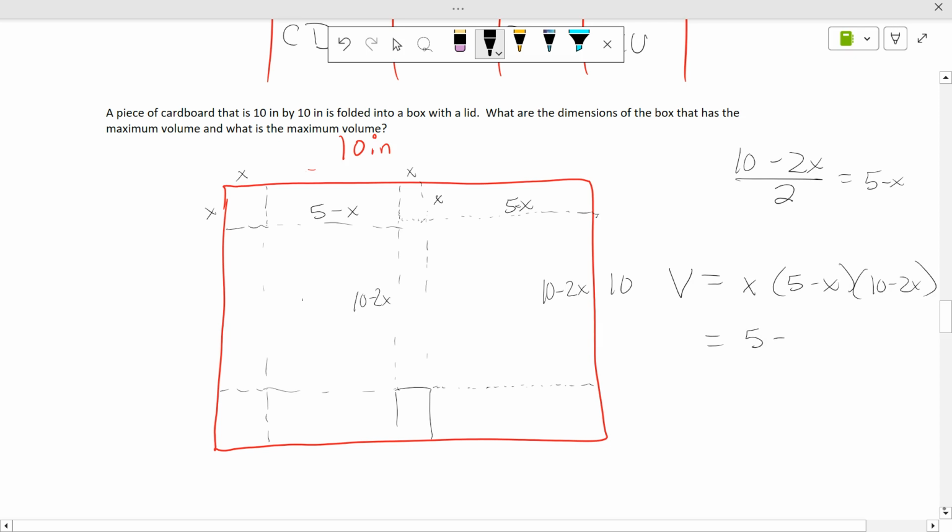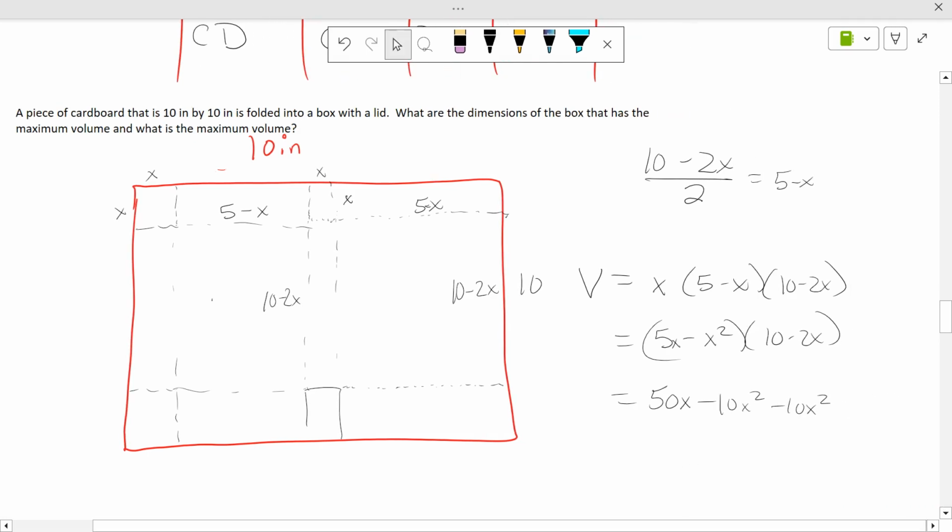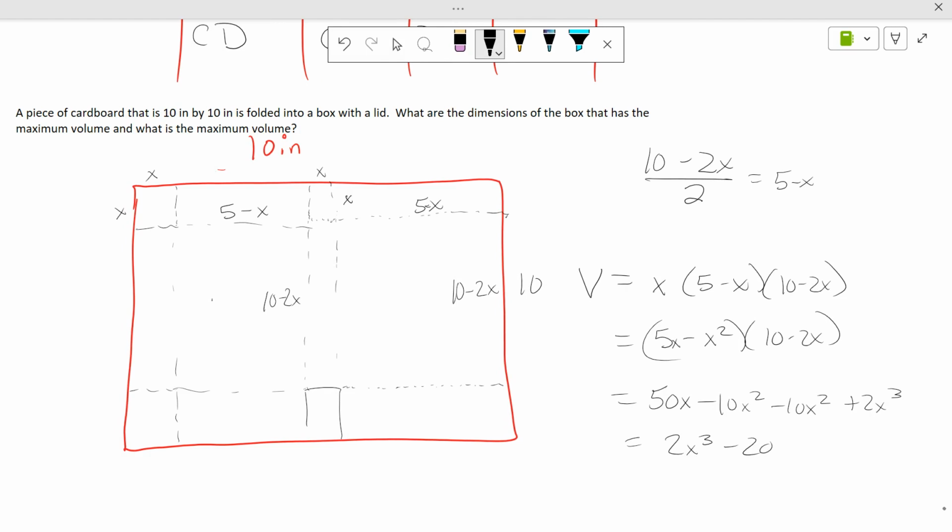So 5 minus 5x minus x squared times 10 minus 2x is 50x minus 10x squared minus another 10x squared plus 2x cubed. So your volume is 2x cubed minus 20x squared plus 50x.